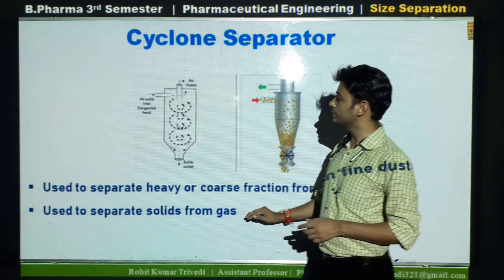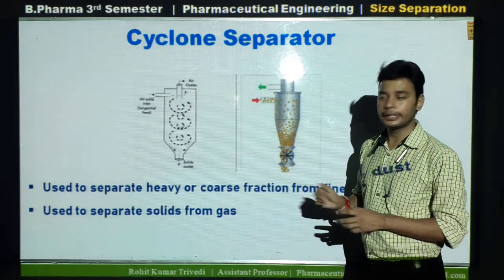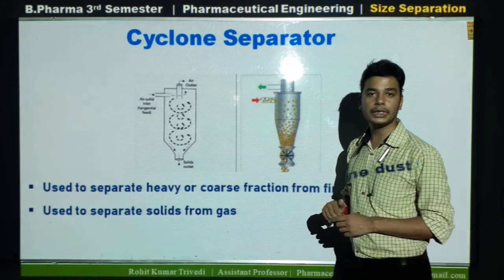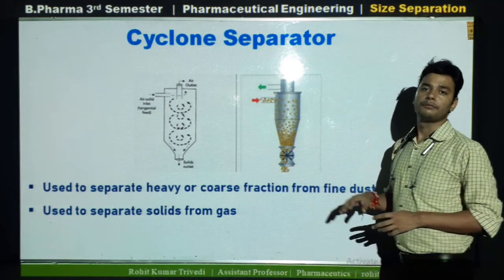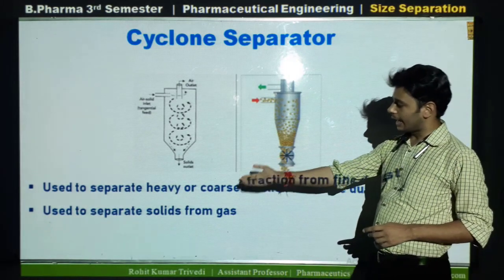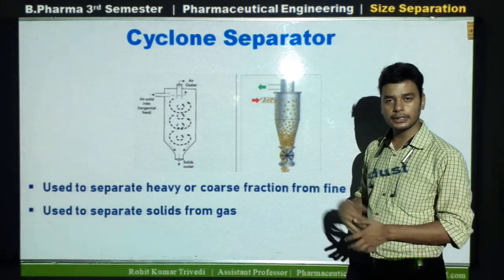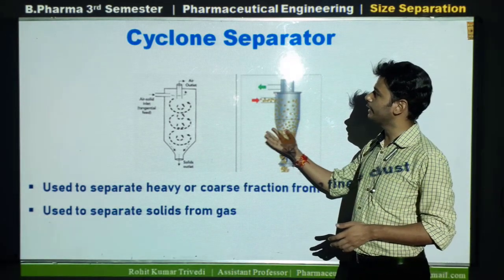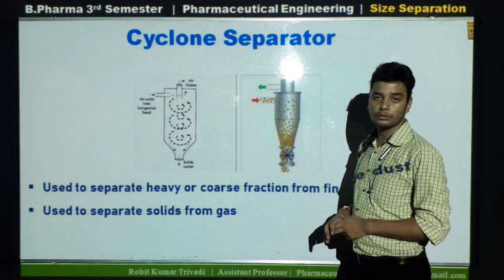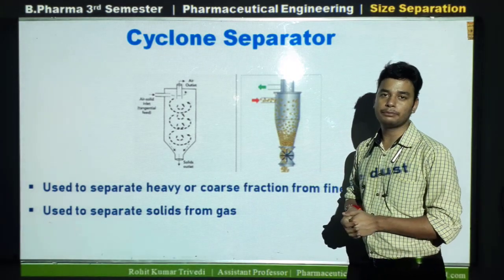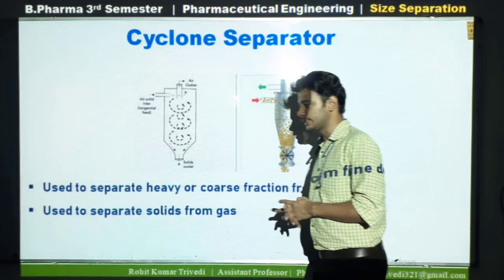It can also be used for separating the solids from the gases, and the heavy particles are separated from the light particles. It is obvious that we use this cyclone separator for the size separation process on the basis of particle size.